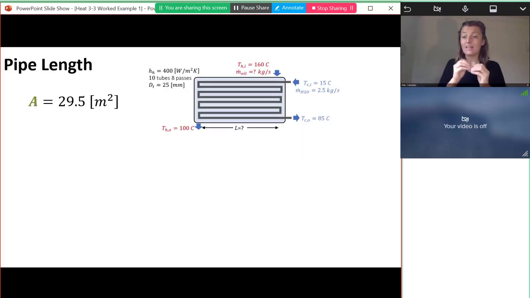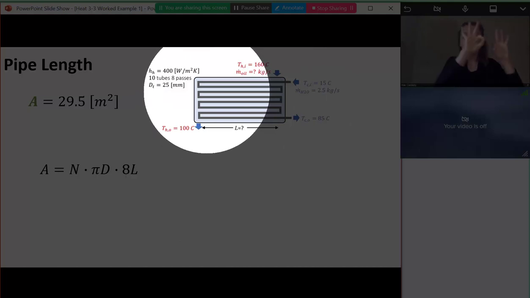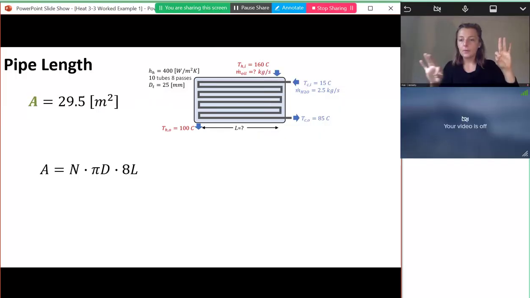So the total area is the number of tubes times the perimeter of each tube, which is pi times d, times 8 lengths. It's important to realize that I'm neglecting what's going on when these tubes are turning around.